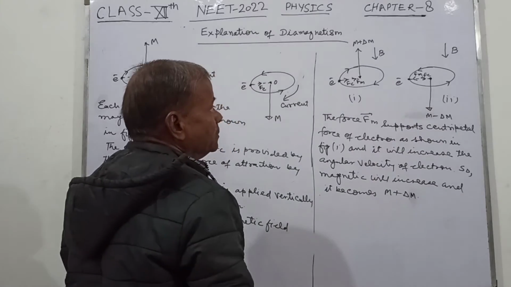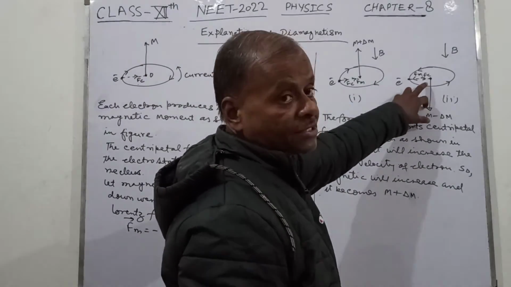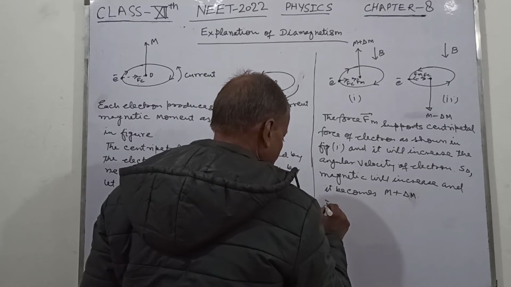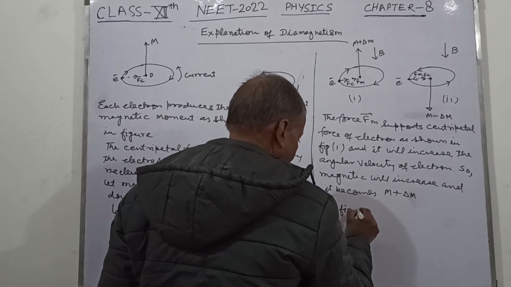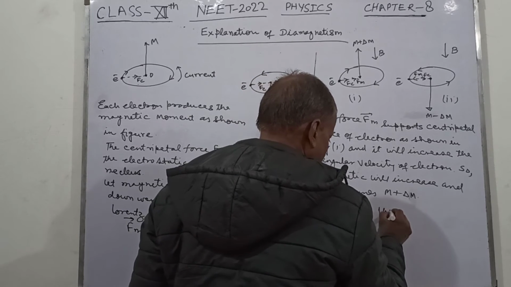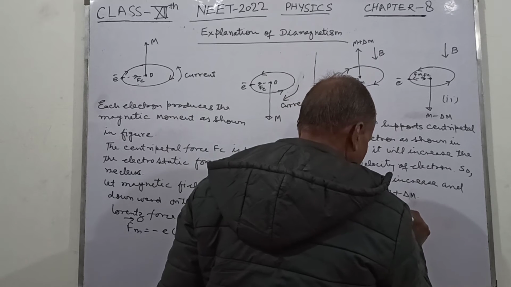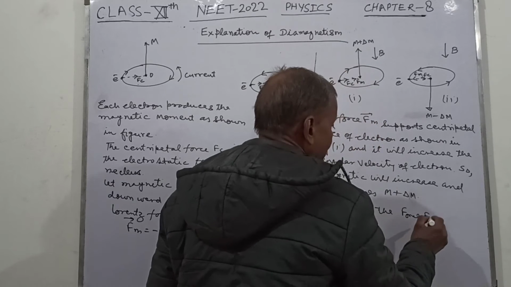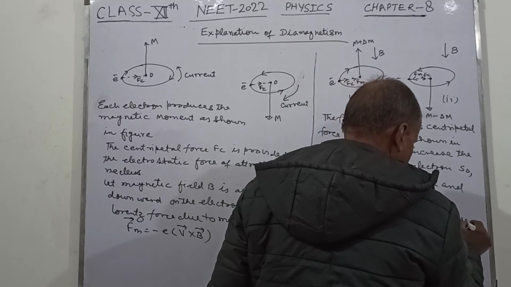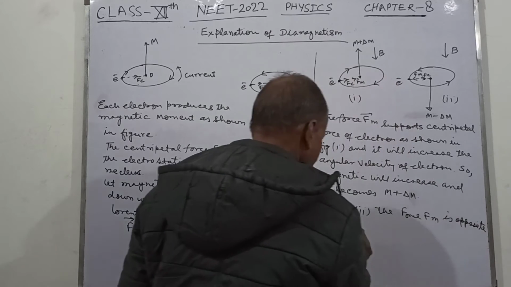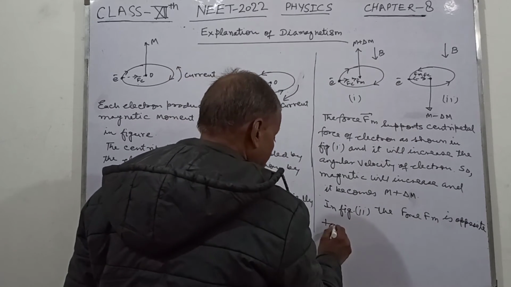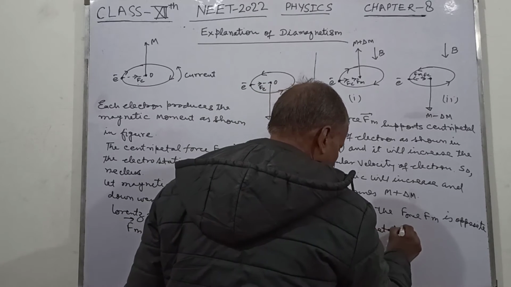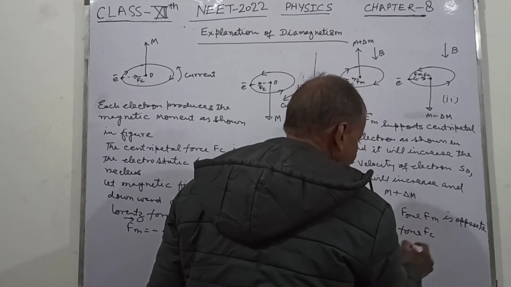Now in the second figure, this magnetic force opposes the centripetal force. In figure 2, the force Fm is opposite to the centripetal force Fc.